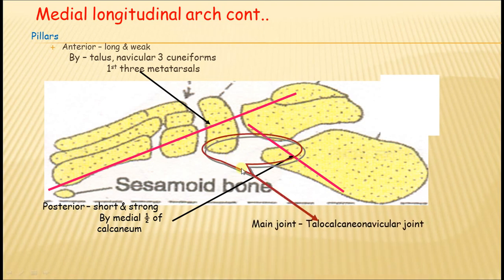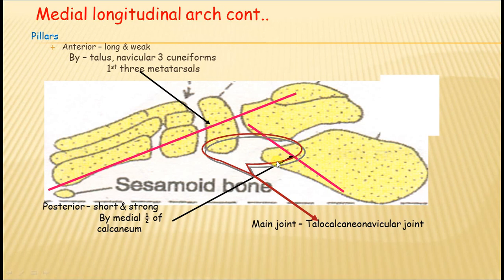The main part, the vulnerable part of the arch, is actually the talocalcaneonavicular joint. This is the keystone of the arch, and the weight of the head of the talus is borne by this part of the calcaneum, the sustentaculum tali.